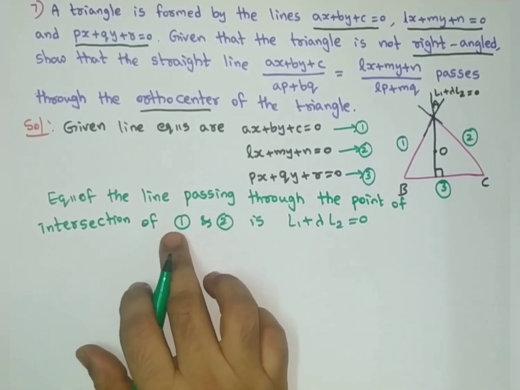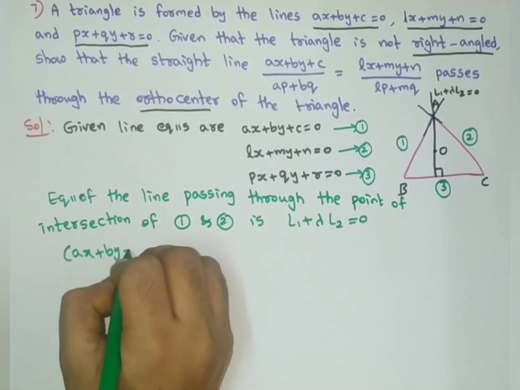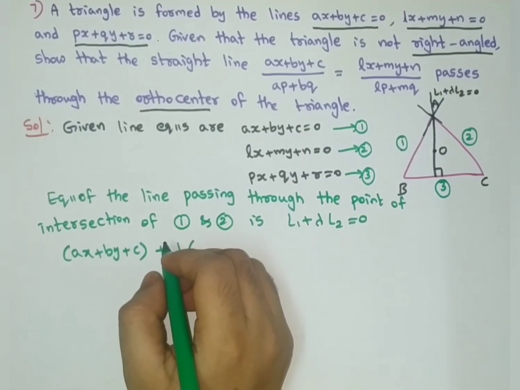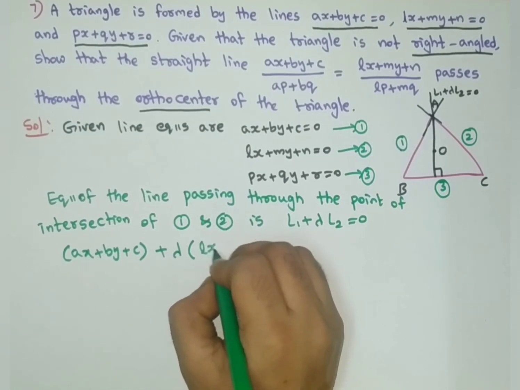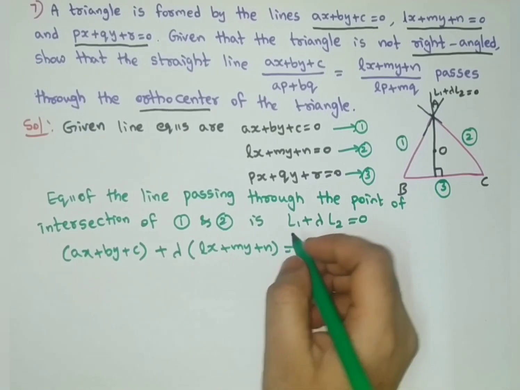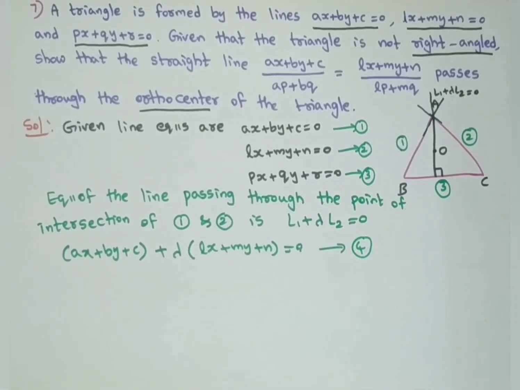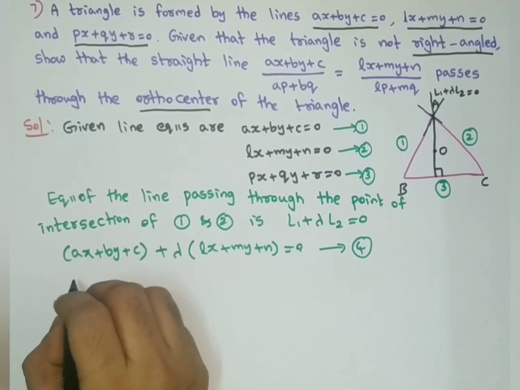L1 means equation 1. What is equation 1? ax plus by plus c plus lambda into equation 2 lx plus my plus n is equal to 0. Now let us denote this equation as equation 4. Now let us write this equation in the form of ax plus by plus c equal to 0 form.